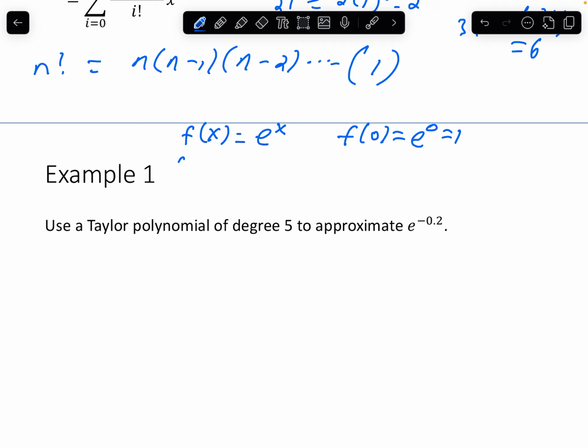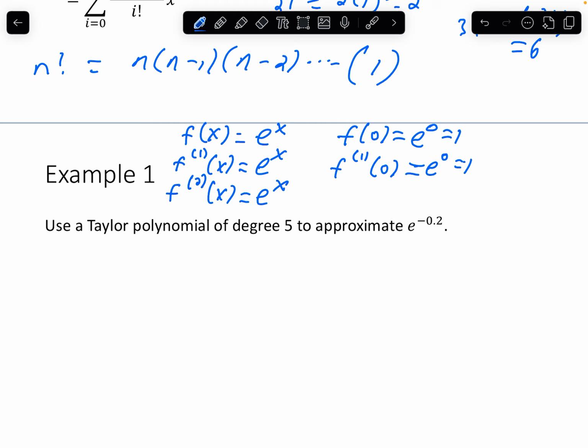If we take the first derivative of this function at x, that's still e to the x, and the value of the function at the first derivative is, once again, e to the 0, or 1. The second derivative of f at x is still e to the x, and the value is still 1. And this keeps going on, right?